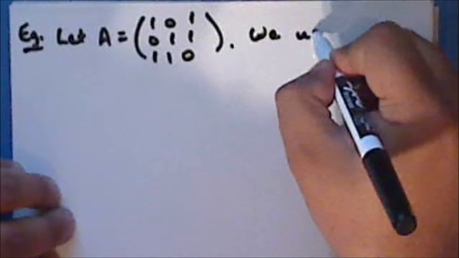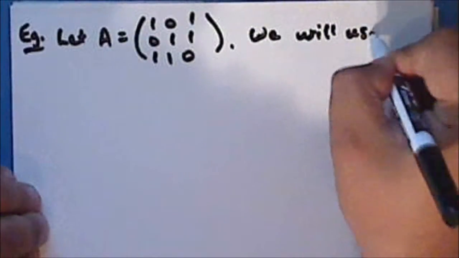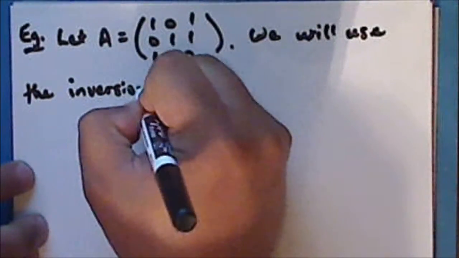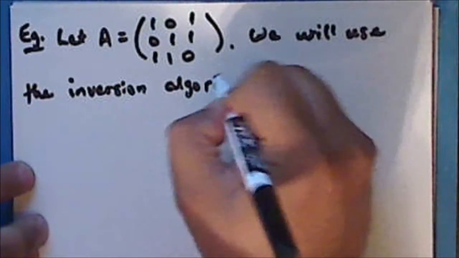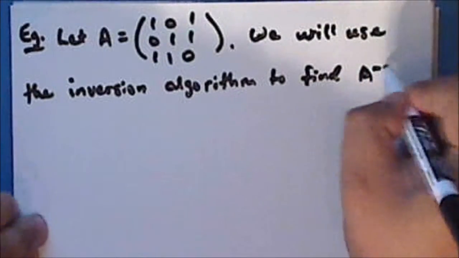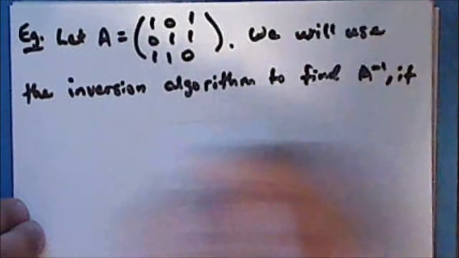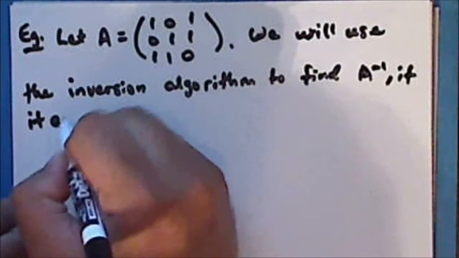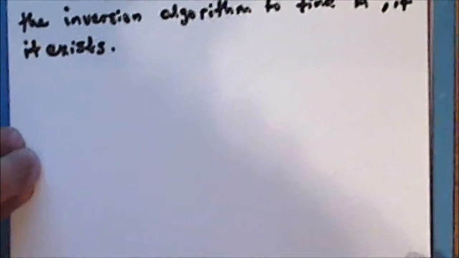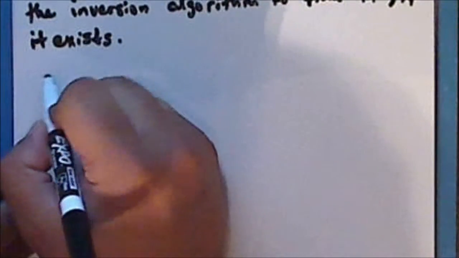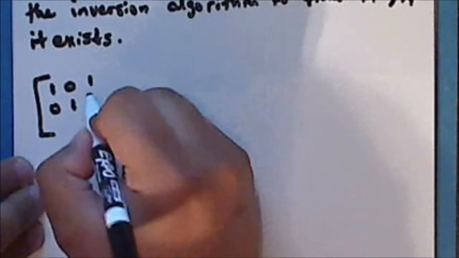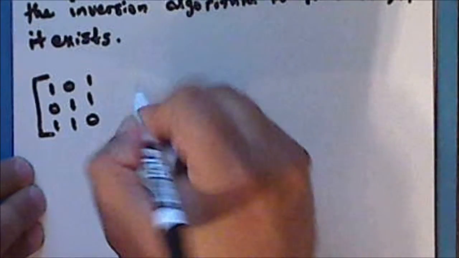We will use the inversion algorithm to find the inverse of A if it exists. So we adjoin to the matrix A the identity.